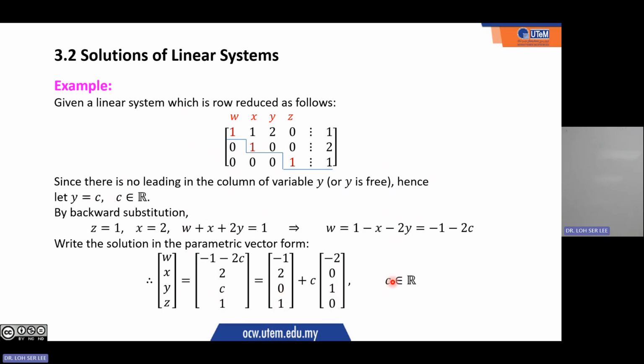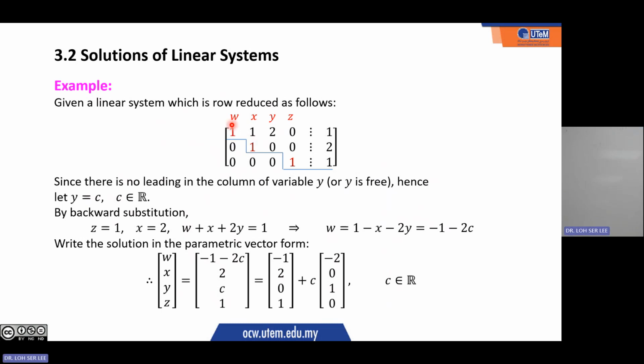Finally you put a notation that c is a real number, any value. This is how we get the solution for the case of infinitely many solutions.